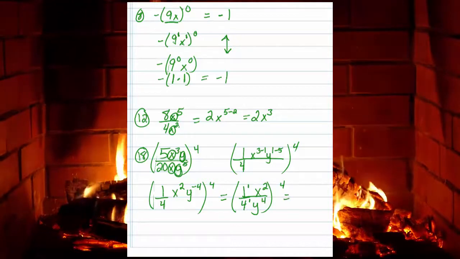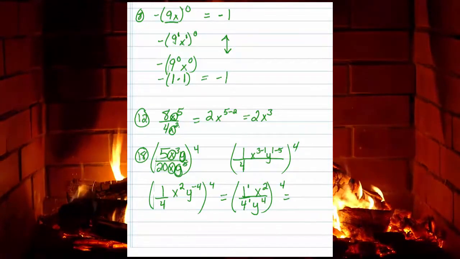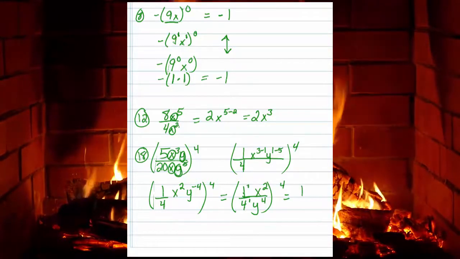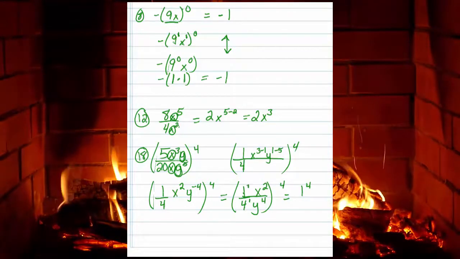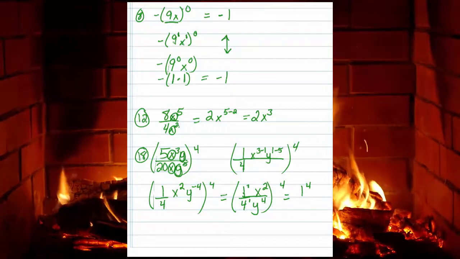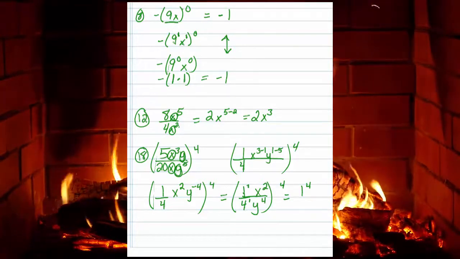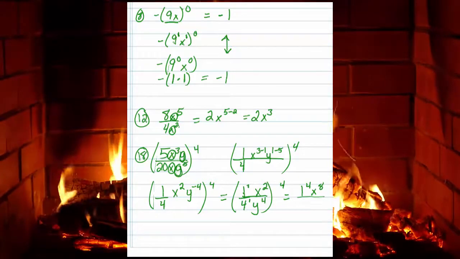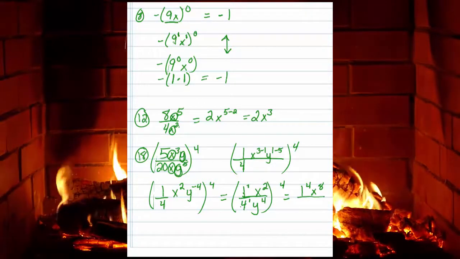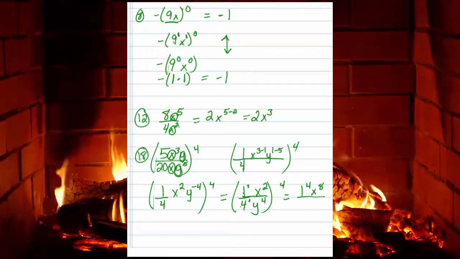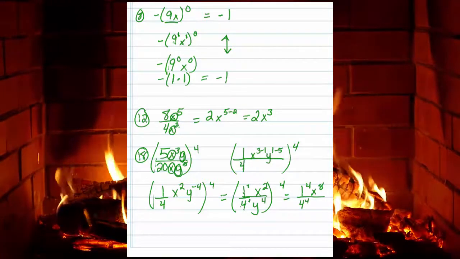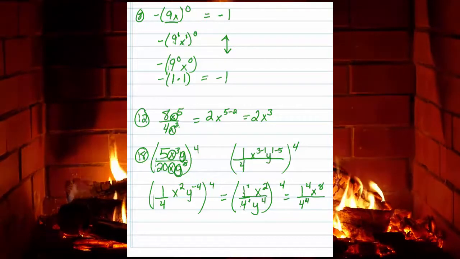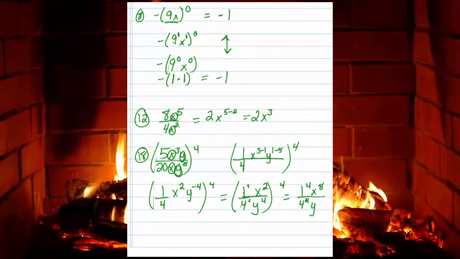And we're going to apply the power to power rule. 1 raised to the 1 times 4 would be 1 to the 4th power. x raised to the 2 times 4 would be x to the 8th power over 4 raised to the 1 times 4 would be 4 to the 4th power. y raised to the 4 times 4, which is 16.